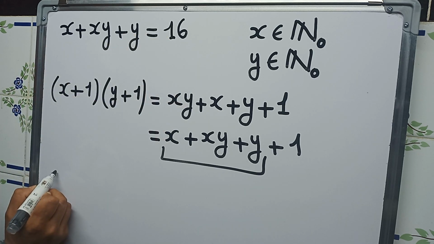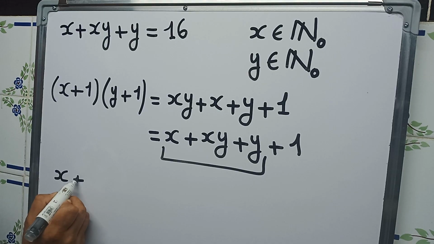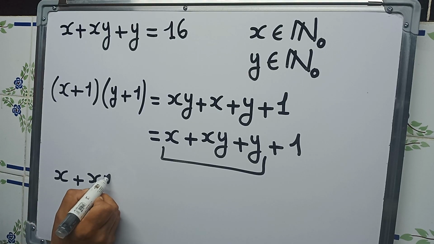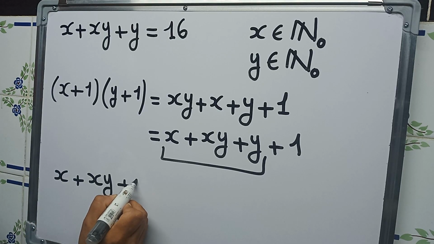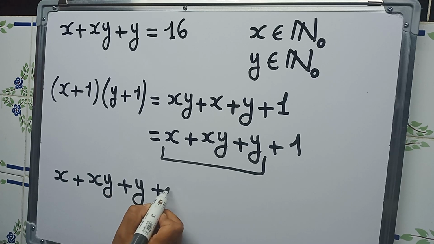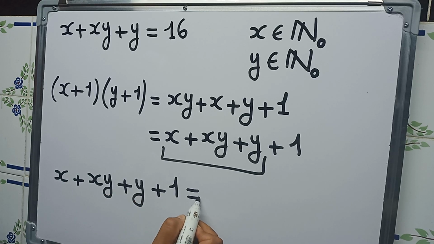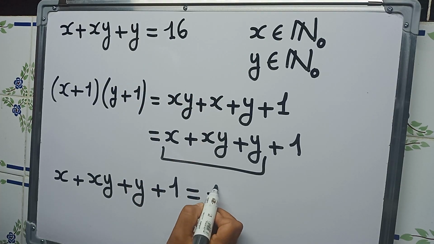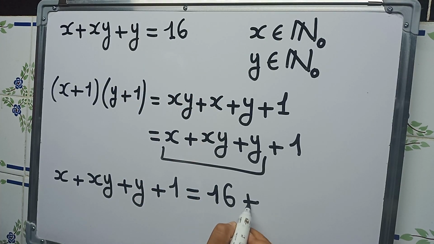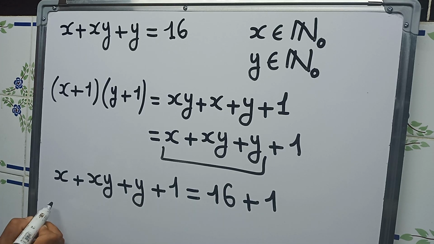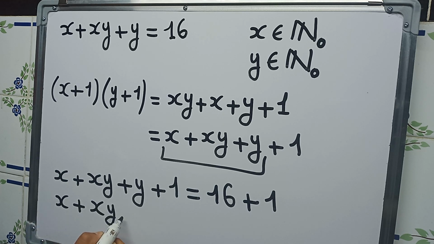So we will have x plus xy plus y plus 1 is equal to, and here we add 1 to the other side, 16 plus 1, meaning that we have x plus xy plus y plus 1 is equal to 17.